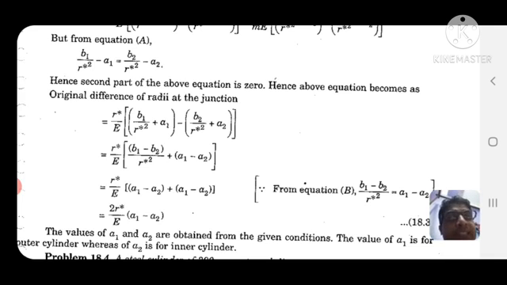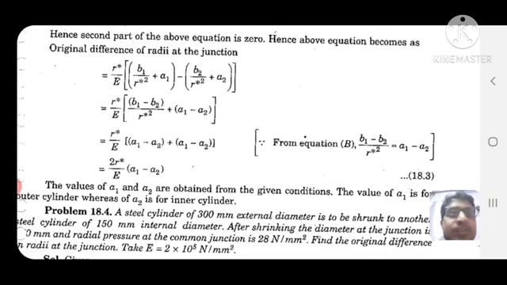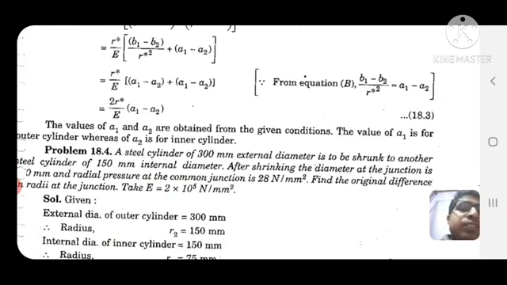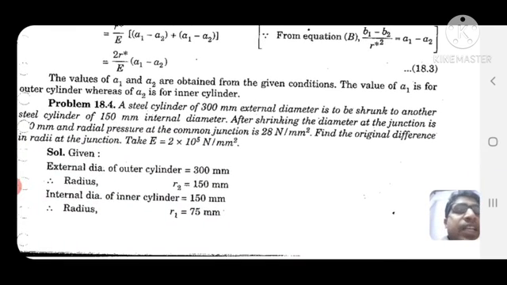So the original difference of radii at the junction is r star by E (b1 by r star square plus a1 minus b2 by r star square plus a2), that is equal to r star by capital E (b1 minus b2 by r star square plus a1 minus a2), which is r star by capital E (a1 minus a2). The values a1 and a2 are obtained from the given condition. The value of a1 is for the outer cylinder and a2 is for the inner cylinder.